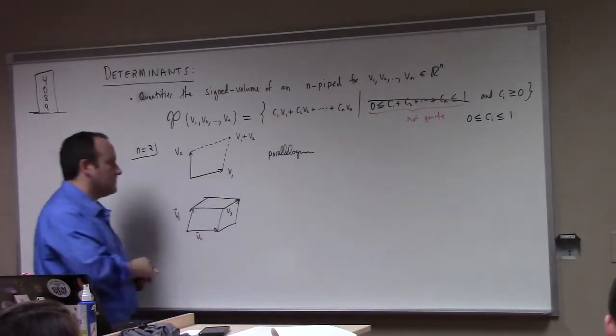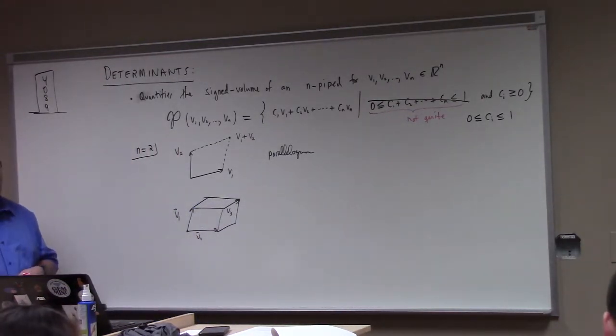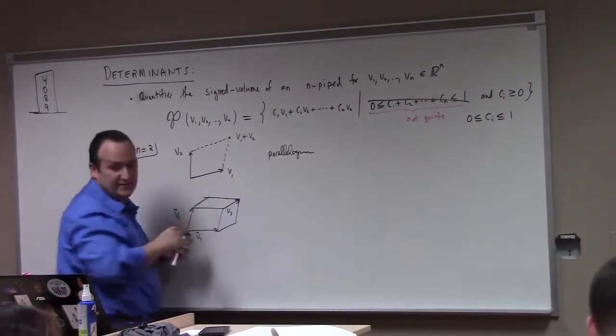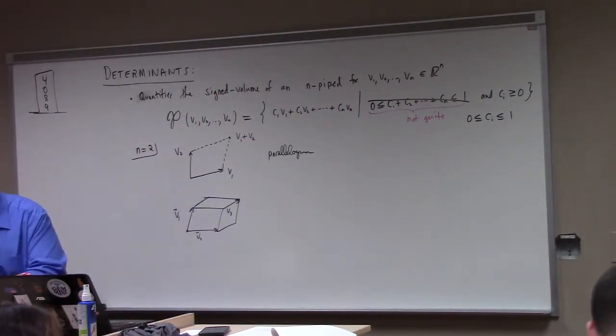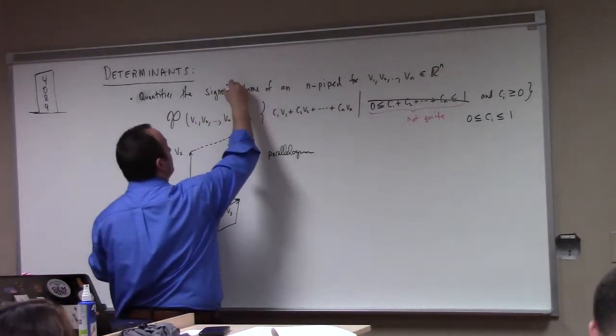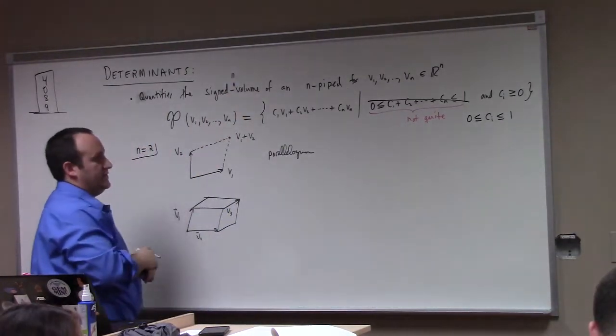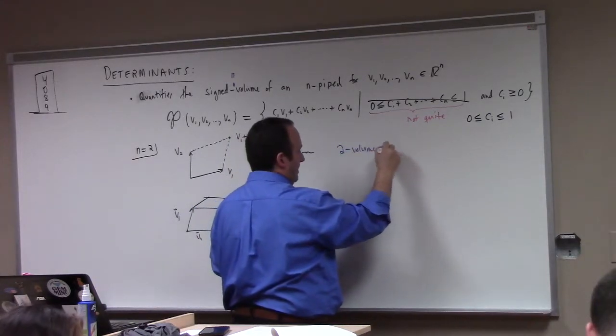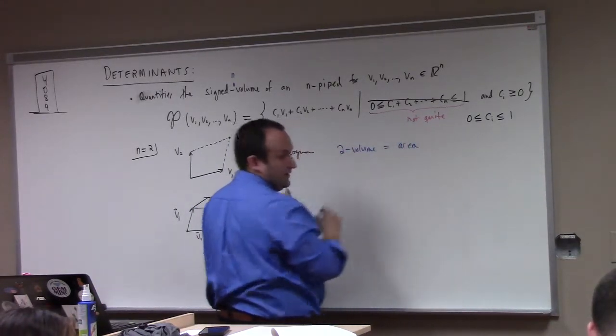All right. Now, what should the signed... I omitted an important thing right there. I meant to say signed n-volume. So a 2-volume is what? Area.